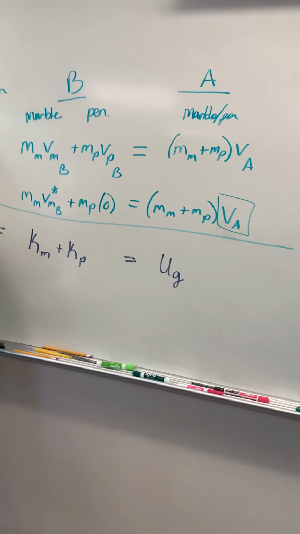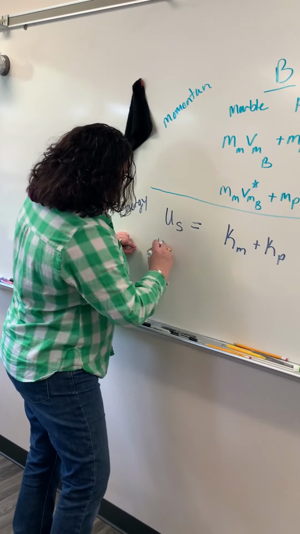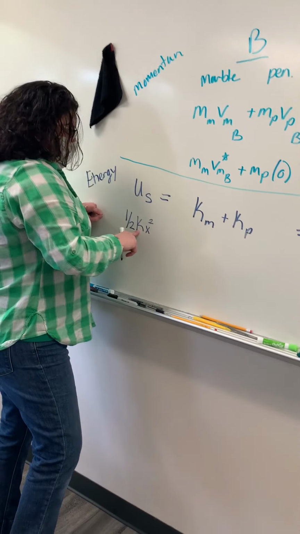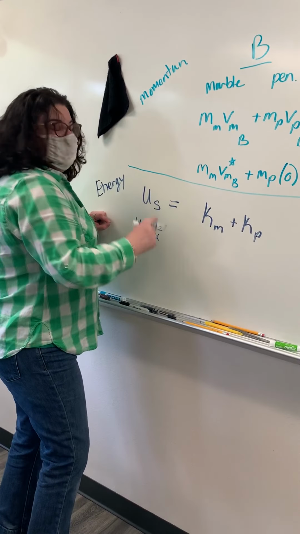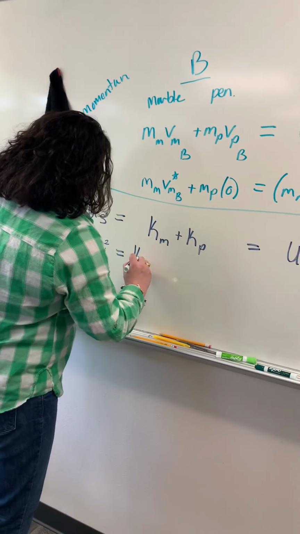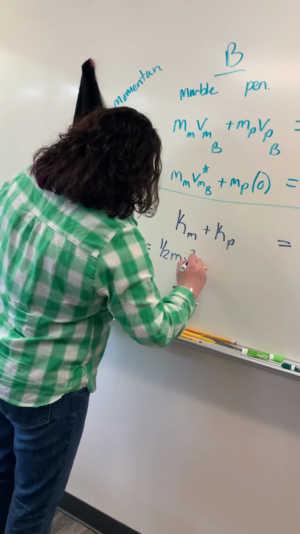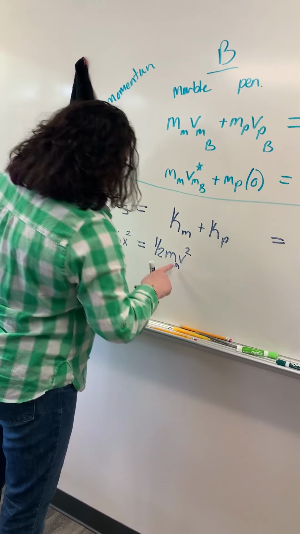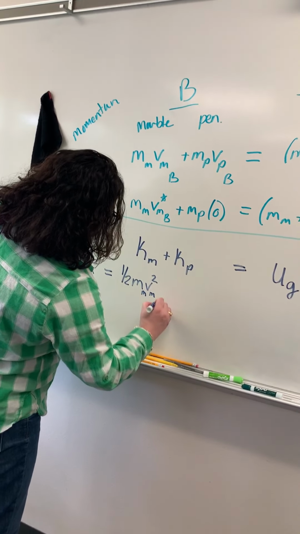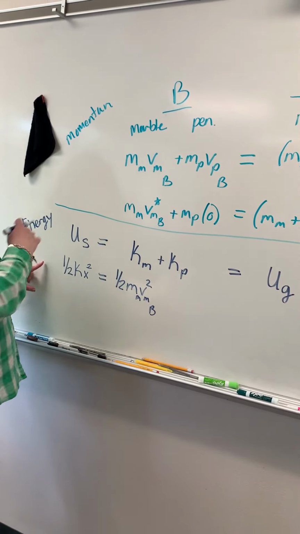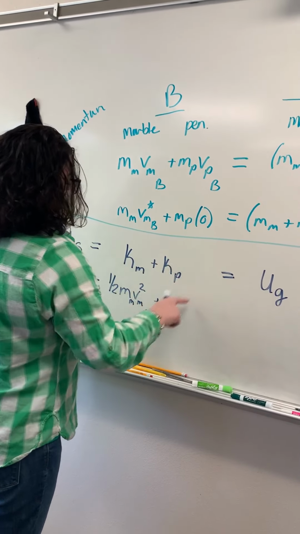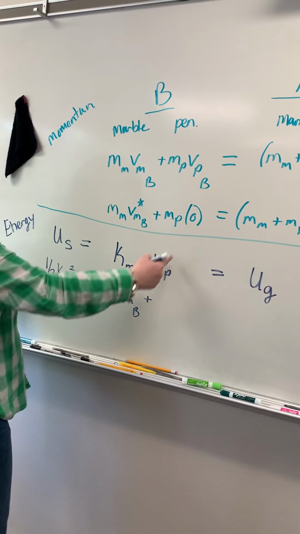So if we're looking at this, our equation for spring is 1/2 kx squared. Remember, k is the spring constant, and x is just how much it was squished. That equals kinetic, which is 1/2 mv squared. This is the mass of the marble, and this is the velocity of the marble, again, before the collision, plus, now, was the pendulum moving?